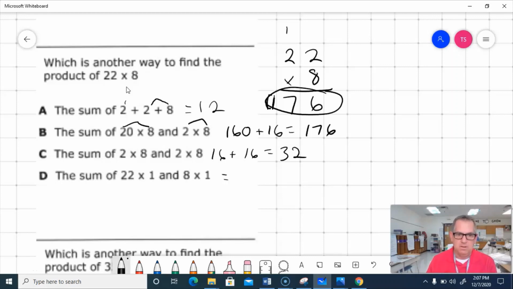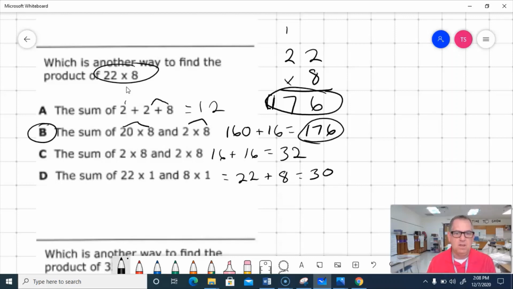Okay, let's check that out. 22 times 1 would be 22, and 8 times 1 would be 8, and 22 plus 8 would equal 30. So I look at my answer choices. Answer choice B has the same answer as 22 times 8, so answer choice B would be the way to answer that.